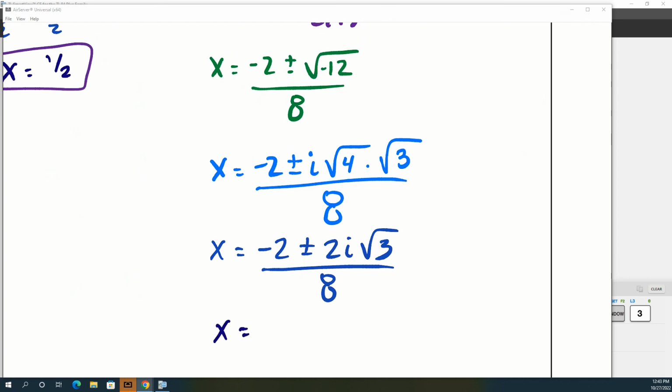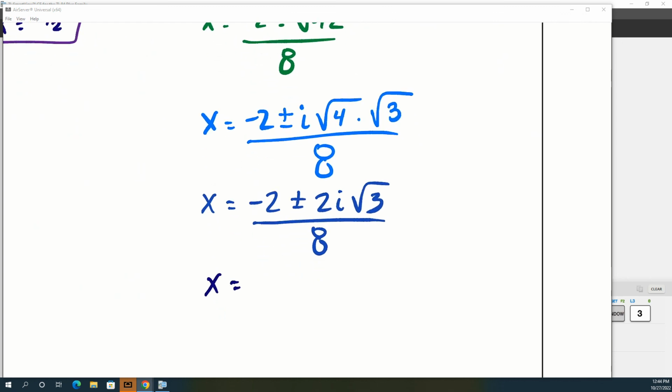All right, then we're going to reduce. So all those numbers can be reduced by 2.